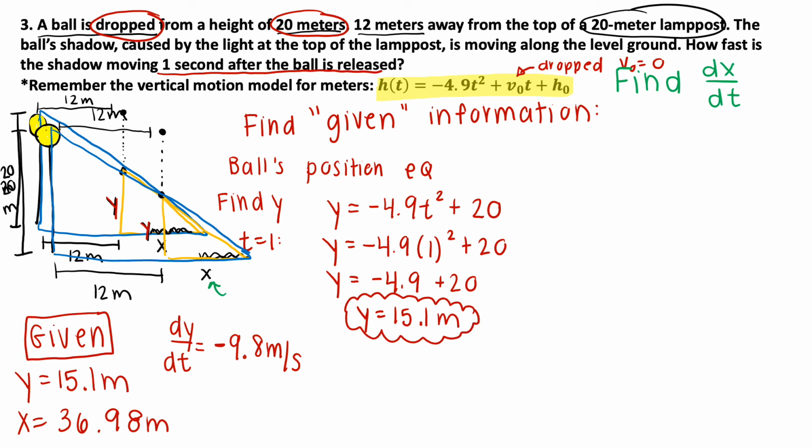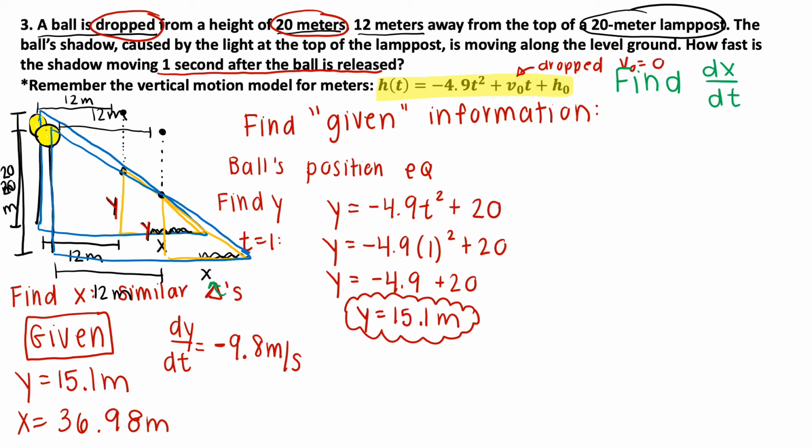Okay, that is one piece of given information, but I also need to find whatever else I can. So I also want to find x, and that I can do using my similar triangles. To do that, I'm going to set up a proportion using the y value that they gave me.